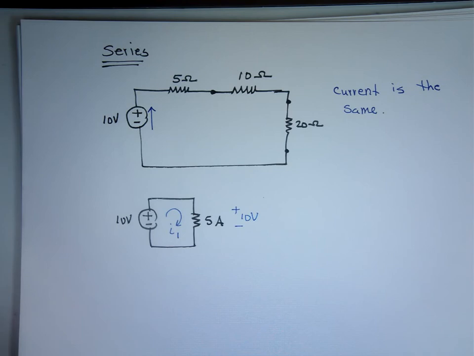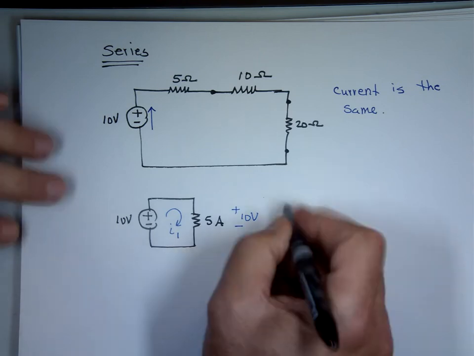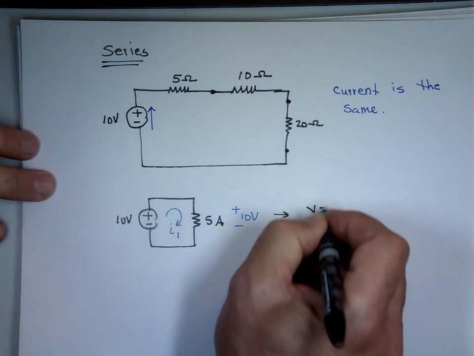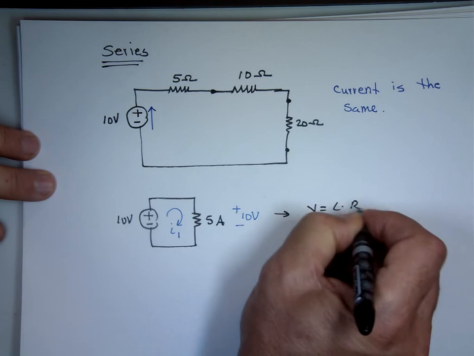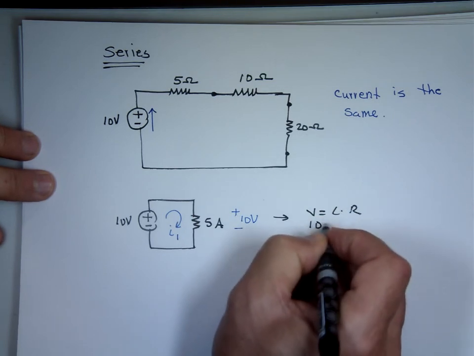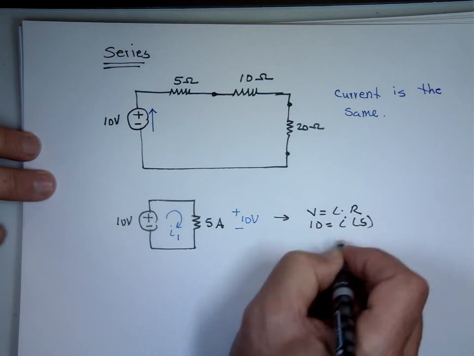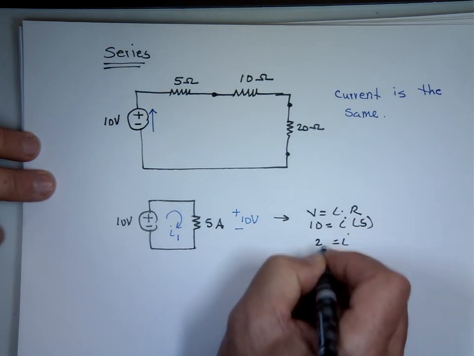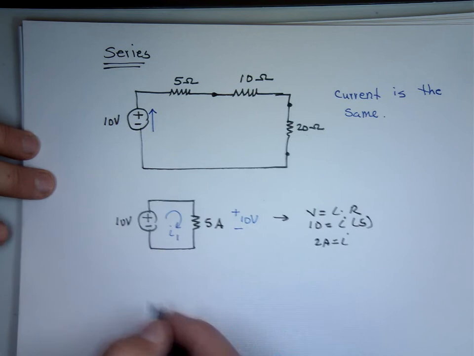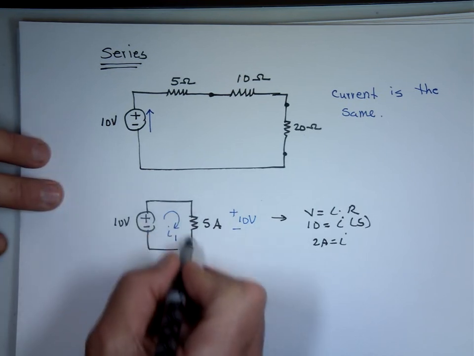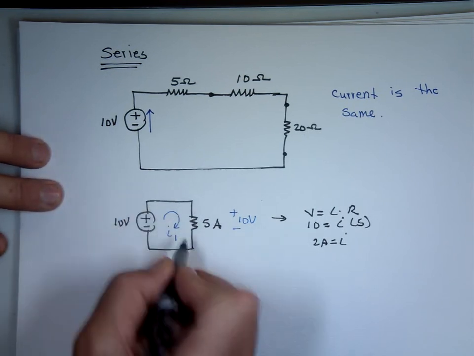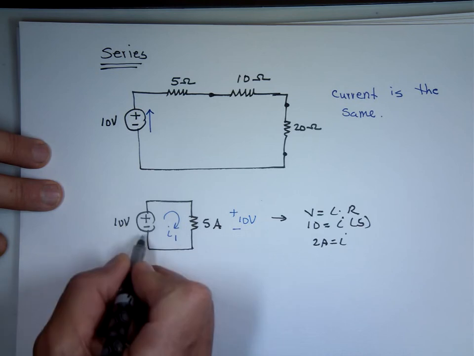So this is 10 volts. Ohm's law says V equals I times R. V is 10, I times 5. I equals 2 amps. And my direction is correct. It's going to go down through this, it's going to come up through that. This has to absorb the power. This has to supply. So the current through this will be coming down.